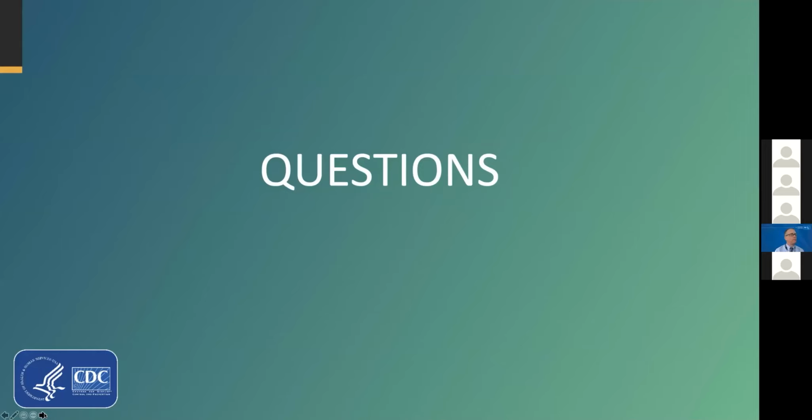In general, for someone who is not severely immunocompromised and doesn't have severe illness, it's essentially recommended for about 10 days, assuming that they have been afebrile for at least 24 hours and their symptoms are improving. That period may be longer if they are severely immunocompromised or if they are severely ill. And we explain that in a lot more detail in the guidance, so please do look there.